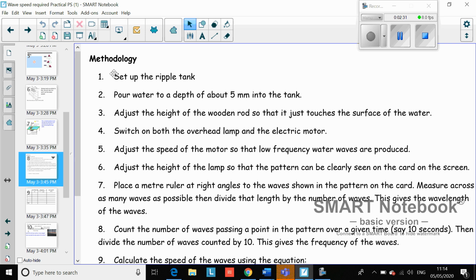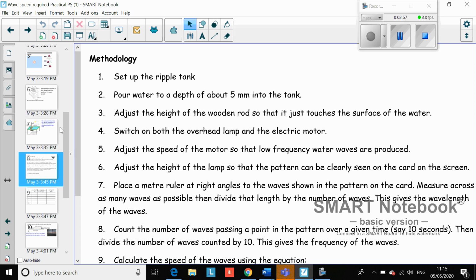Step one, set up the ripple tank. Pour the water to a depth of about 5 millimeters into the tank. Adjust the height of the wooden rod so it just touches the surface of the water. Switch on both the overhead lamp and the electronic motor. At the moment, all it's showing you is how to set up the experiment. Adjust the speed of the motor so that low frequency water waves are produced.